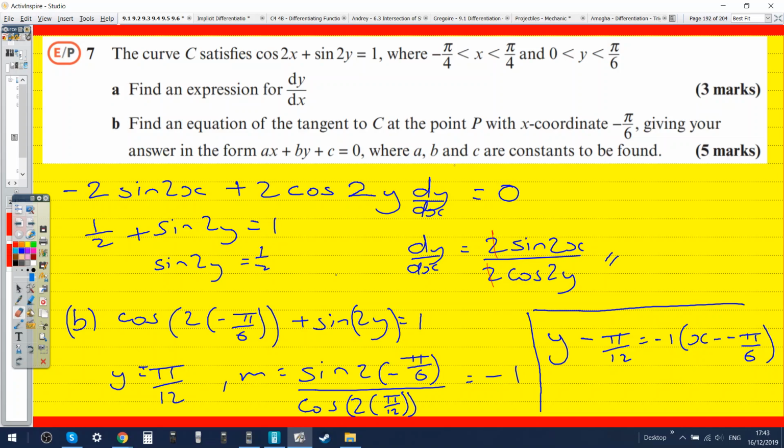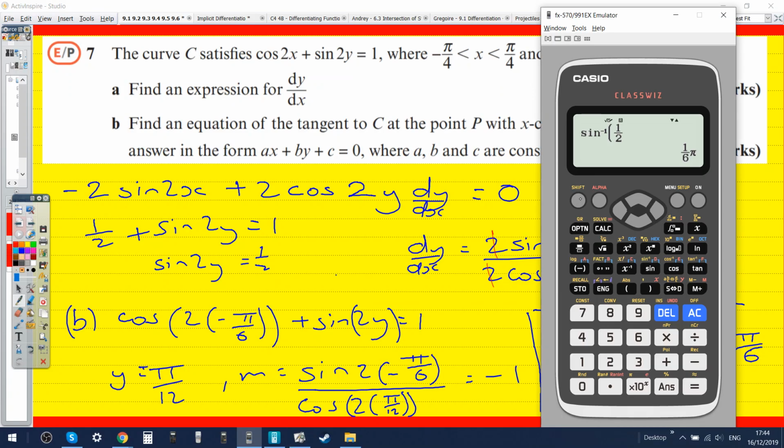And then c is equal to y minus mx, which is pi over 12 minus 1, sorry, minus 1 times minus pi over 6. That's not working. It's still going to be the same thing. Pi over 12 minus pi over 6.